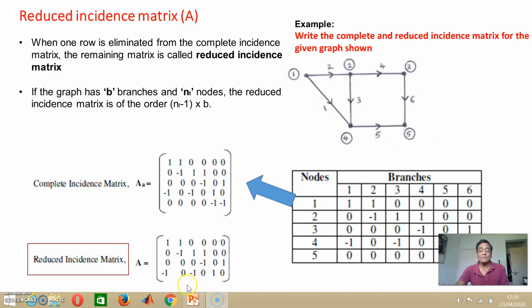The missing row can be added later on to convert the reduced incidence matrix back into a complete incidence matrix. So if the given matrix is a reduced incidence matrix, then I will be able to produce the complete matrix first, and then from this a graph can be drawn. That we will see in the example in the next slide.